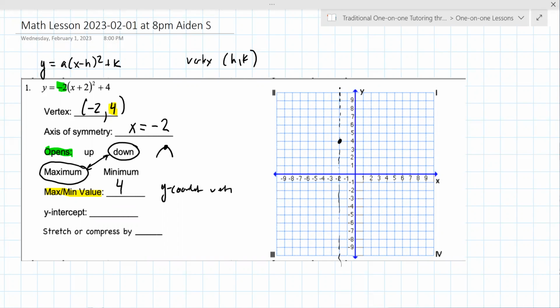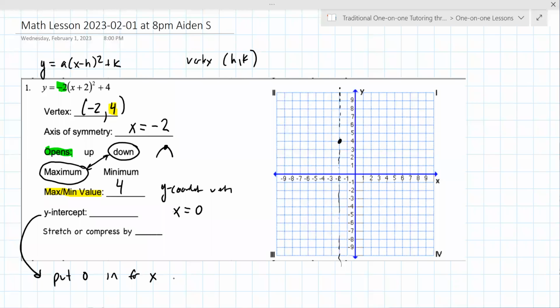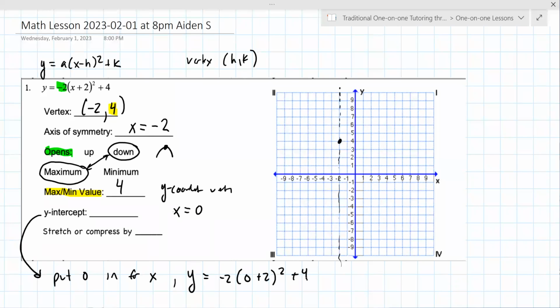All right. So the y-intercept, that's when x equals 0. So you literally have to, and we're going to do that down here, put 0 in for x. So that's y equals -2 times (0 plus 2) squared plus 4.